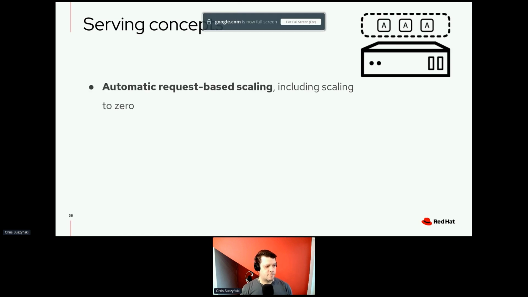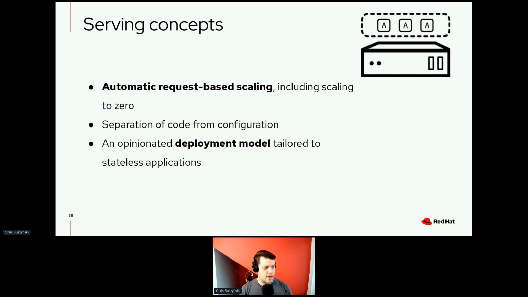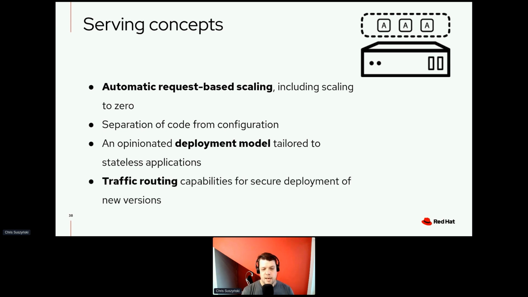In the serving concept, we have automatic request-based scaling, including scaling to 0 that I showed a second ago. We have separation of code from configuration. This is the opinionated deployment model for serverless applications, and we have traffic routing capabilities for deployment of new versions.